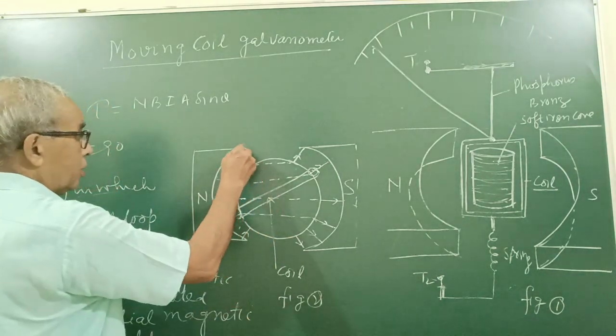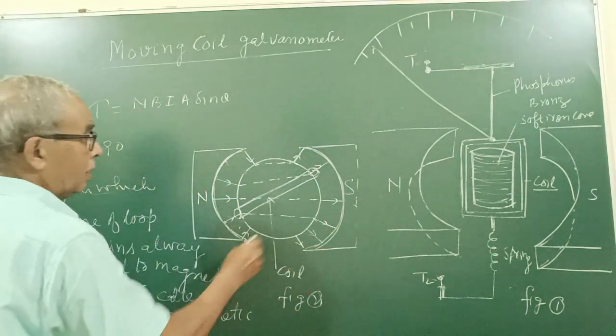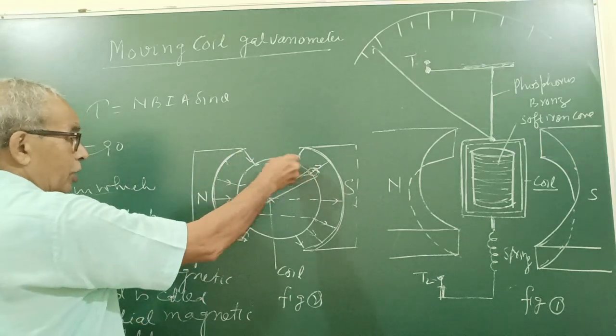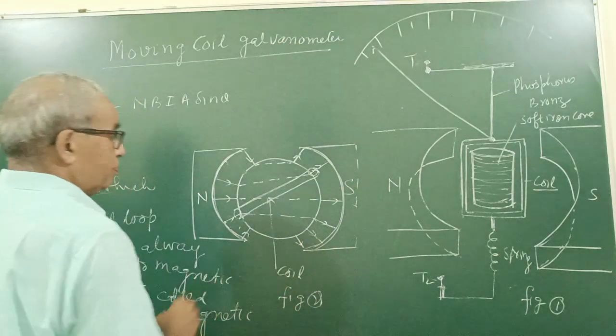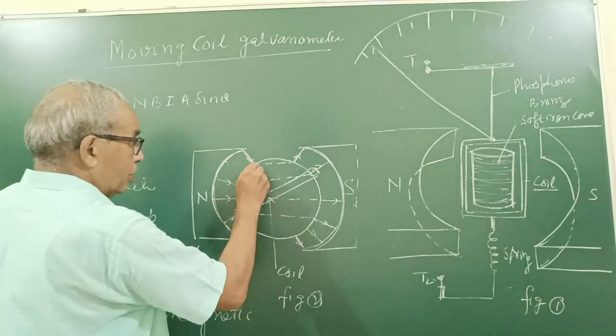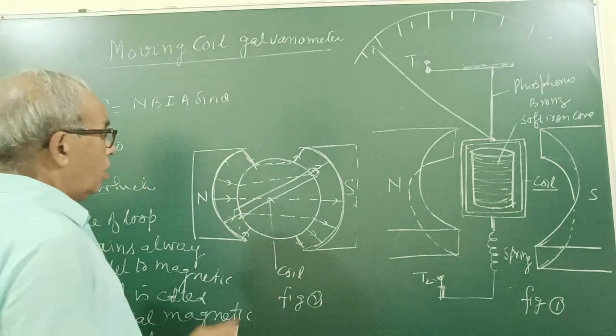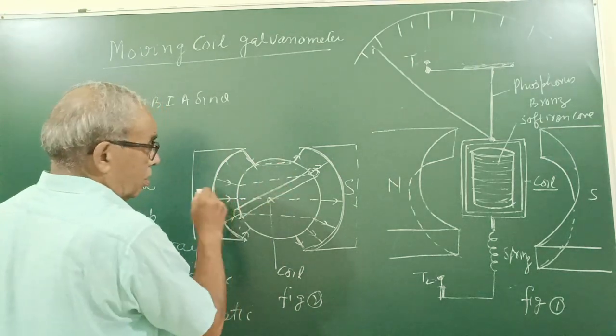Here is the shape of the poles, south pole and north pole. We have shown the cross-section of the cylindrical core. Here the field lines are like this, but they pass through the soft iron and get concentrated.